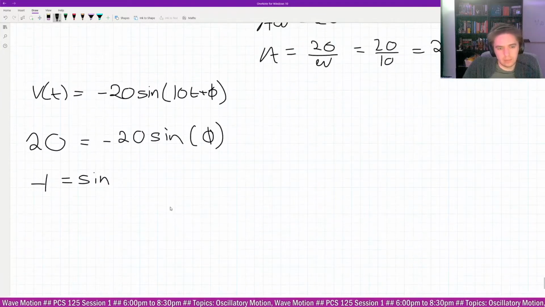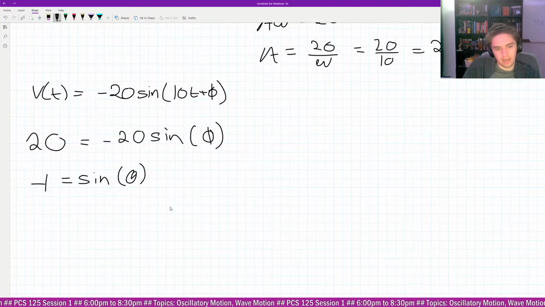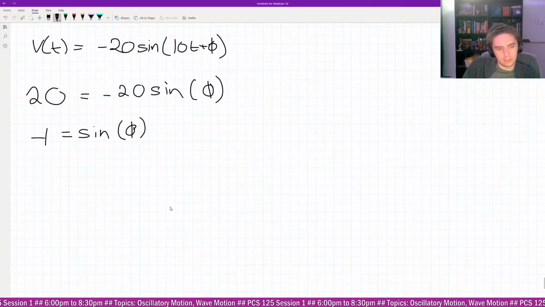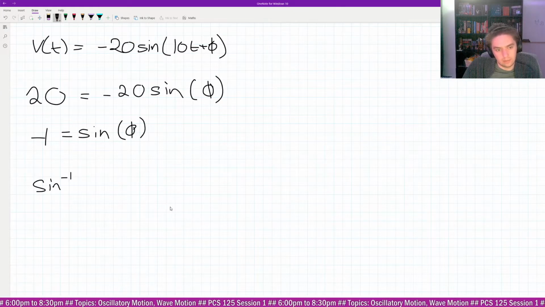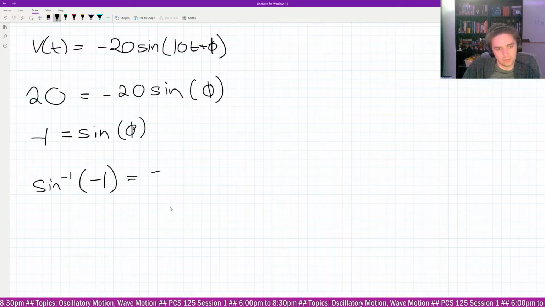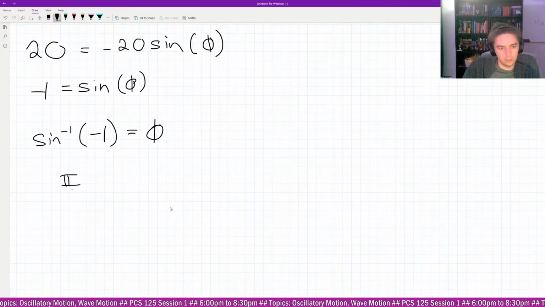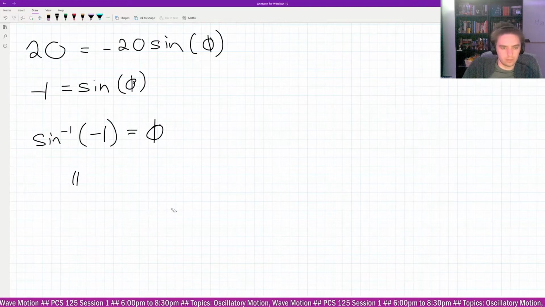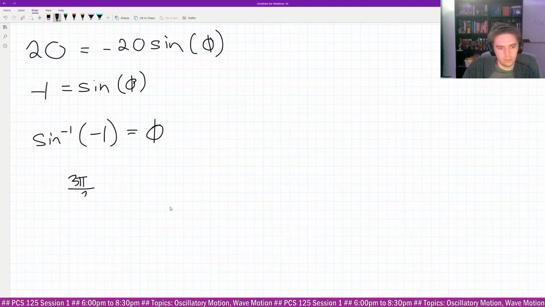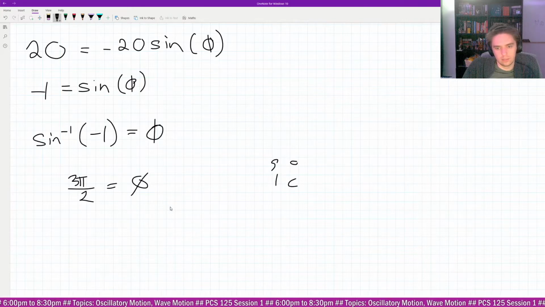Well, let's see here what happens. So it's going to be sine phi equals negative 1. Sine inverse of negative 1 equals phi, which is going to be pi over 2. No, not pi over 2. Which is going to be negative pi over 2, which is 3 pi over 2. Because it's going to be negative sine.